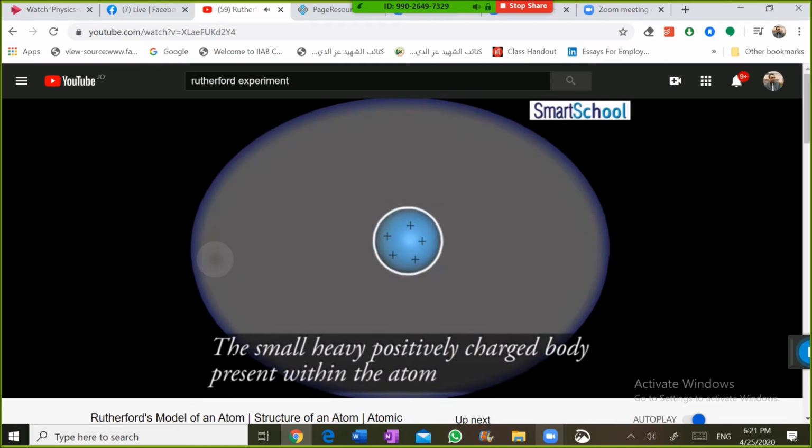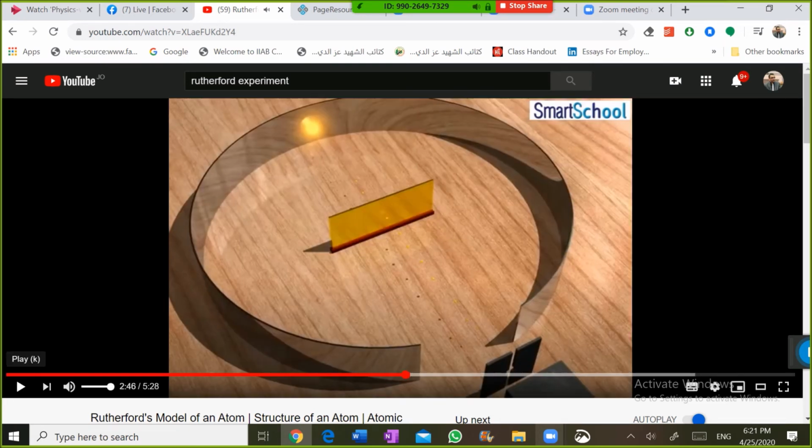Guys, you know that at that time, Rutherford, you have to pay attention to this, guys. At that time, no one knew about nucleus, protons, neutrons, electrons. They did not have any information about the atom or the atomic structure at that time.